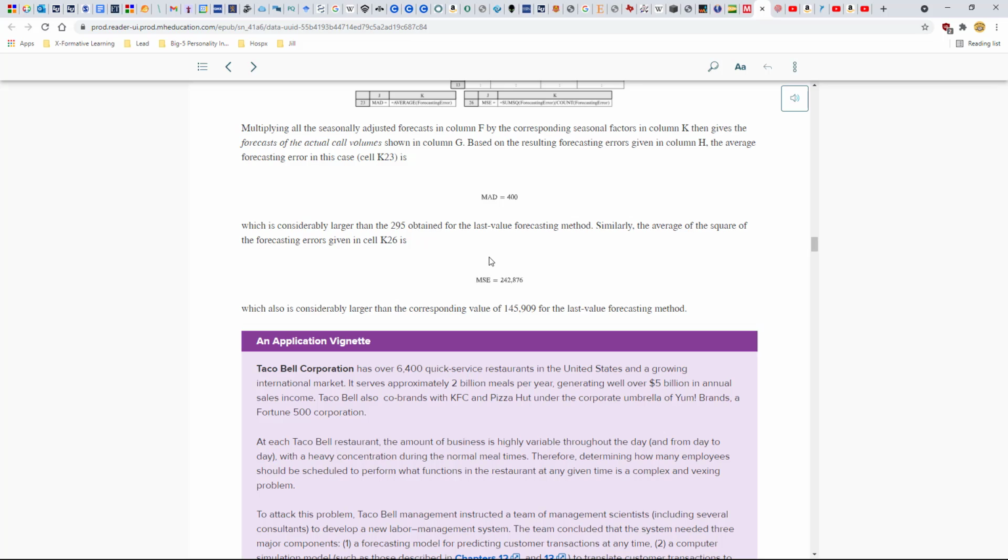And they also found that the forecasting error given in cell K26 is 242,876. So we're using two error calculations, both of which grew when we tried to use the averaging.